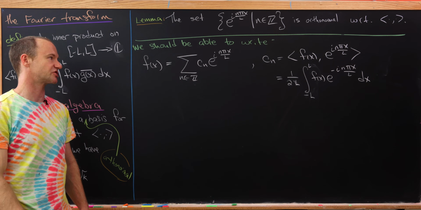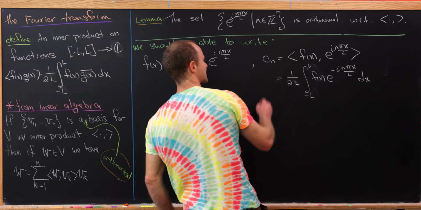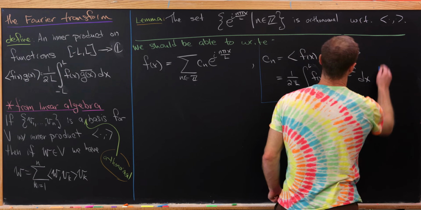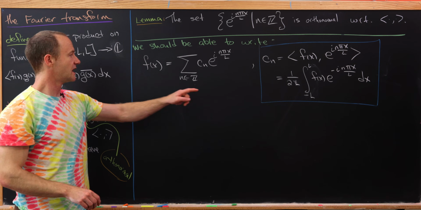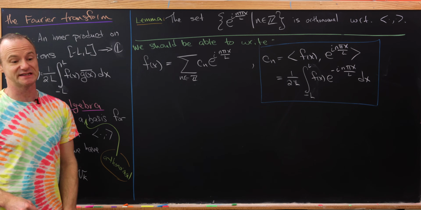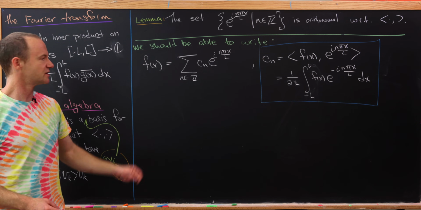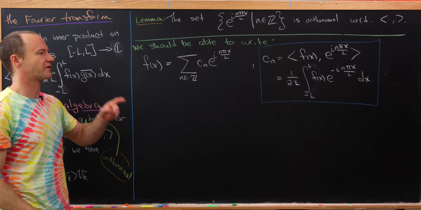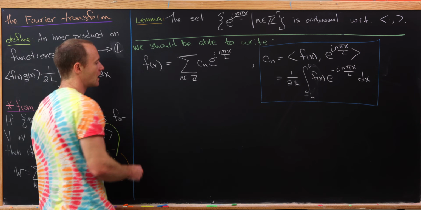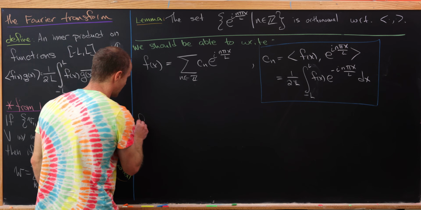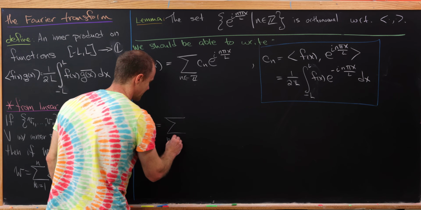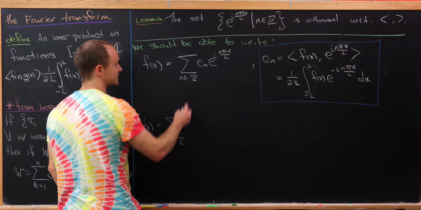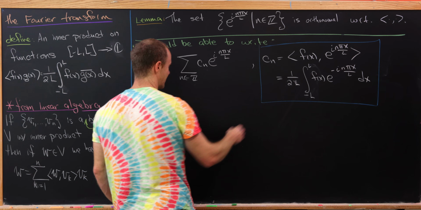But now let's box this off, and then we'll take this expression for c_n and insert it into this series expansion for f of x, which will hold from minus L to L. So down here we'll have f of x equal to the sum, as n goes over all integers, of the c_n, which I'll write like this.